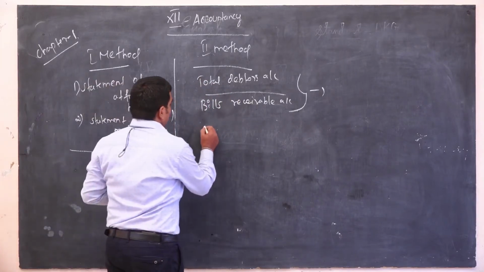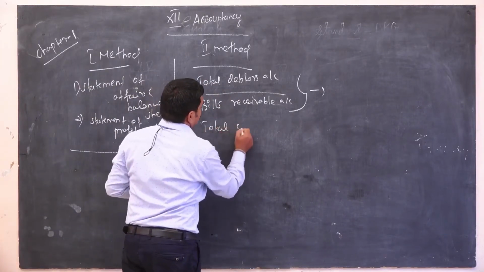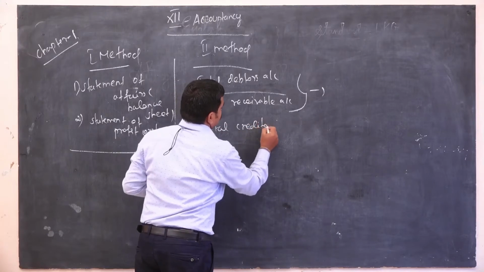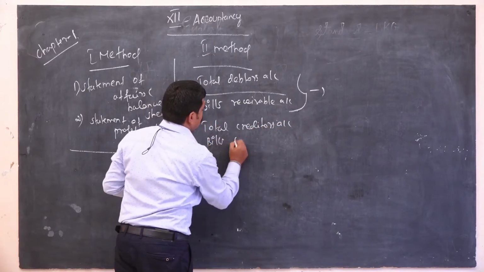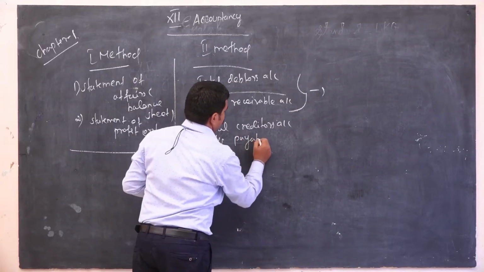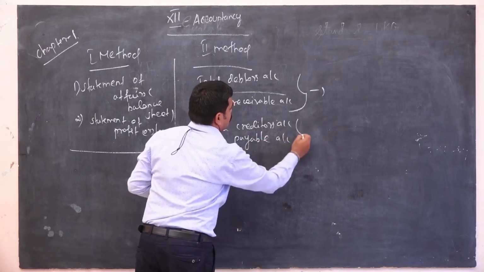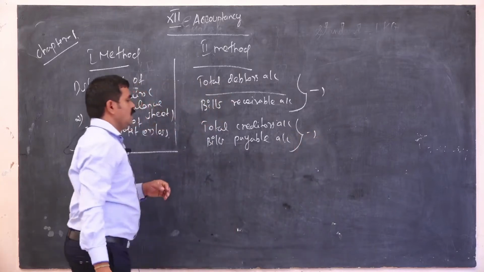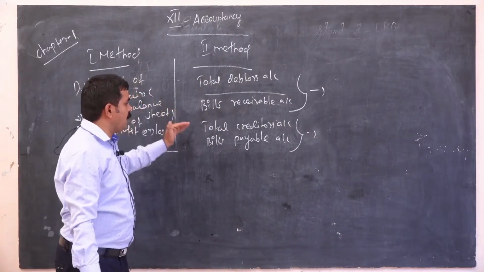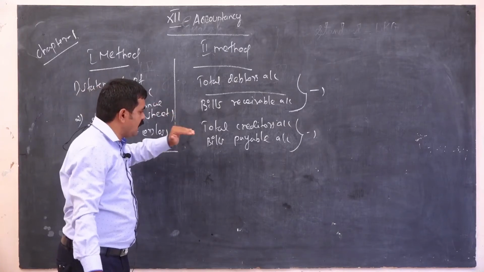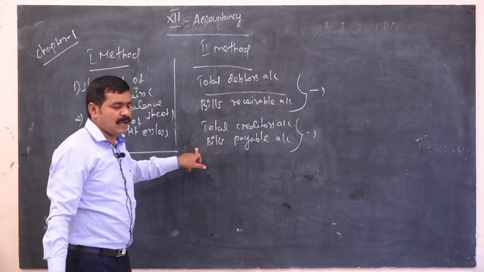Next one, total creditors account, and next, bills payable account. Both are friends, the same concept. When you are opening total creditors, first you have to find out the bills payable account.